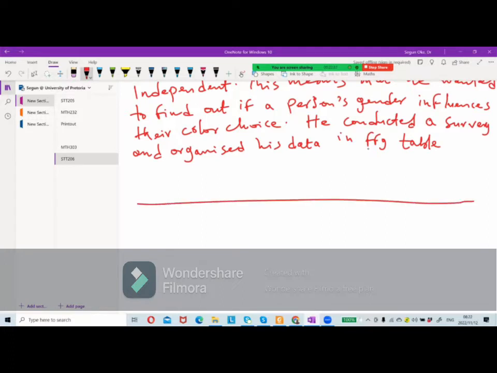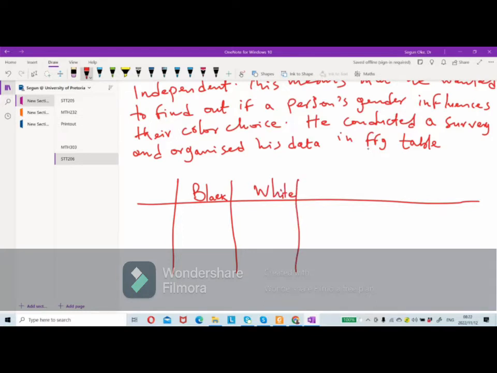So look at the table. We have black, we have white, then they have male, they have female, they have red, they have blue.